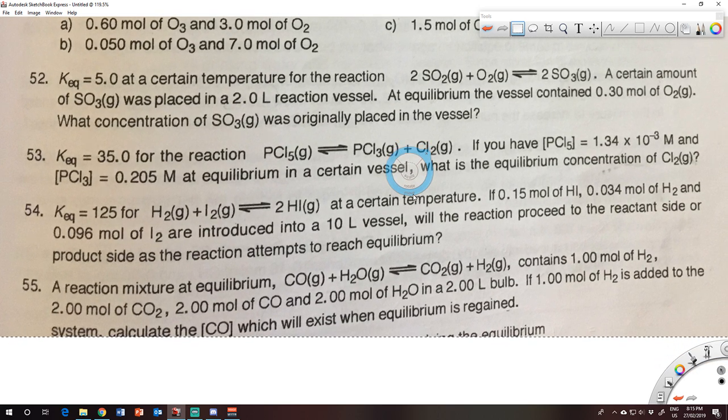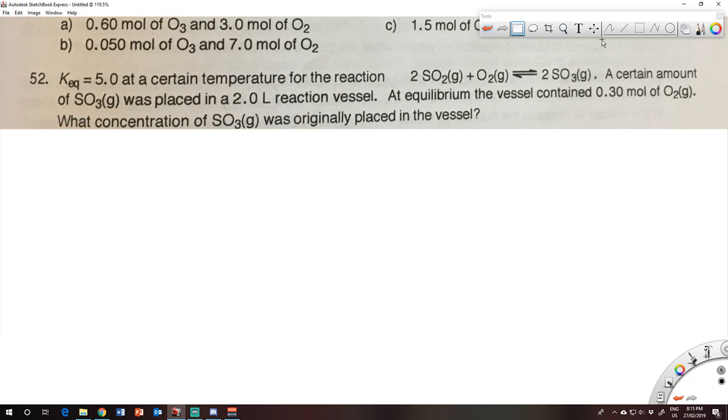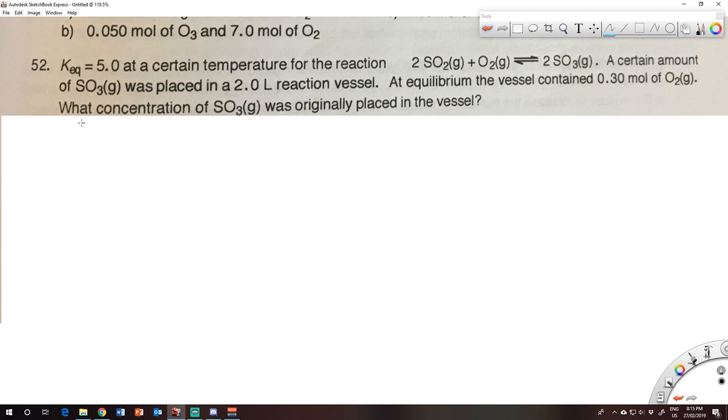52. KEQ is equal to 5 at a certain temperature for that reaction. Okay, here's one where, let's do this one. This one will require the use of an ice table.